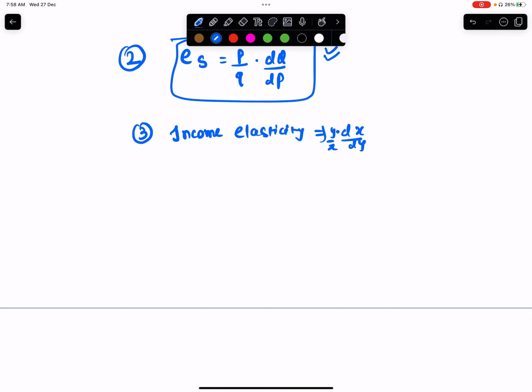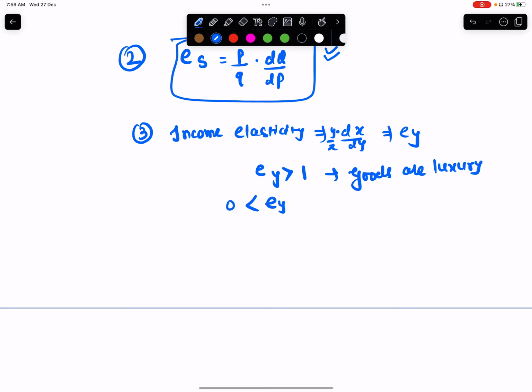We have to remember, if Ey, the income elasticity, is greater than 1, goods are luxury. If Ey is greater than 0 and less than 1, then goods are necessaries. If Ey is less than 0, inferior goods.